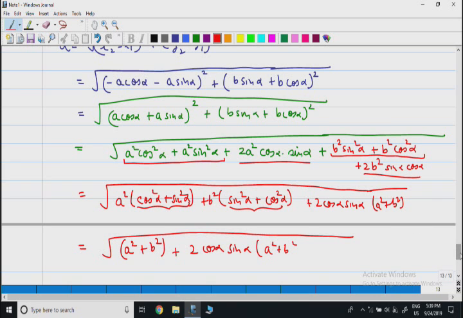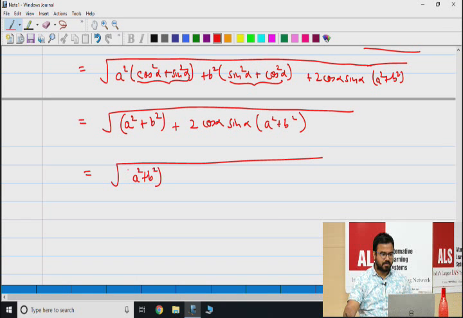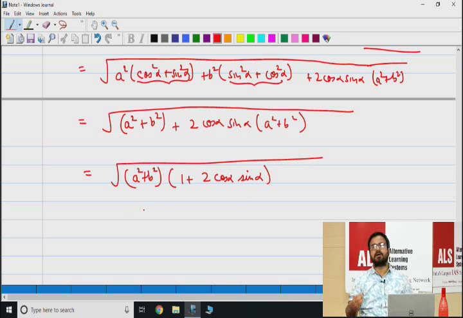Now what we can do, we can again take this a square plus b square as common. And we will be left with 1 plus 2 cos alpha sin alpha. So this is the final thing which we can write.